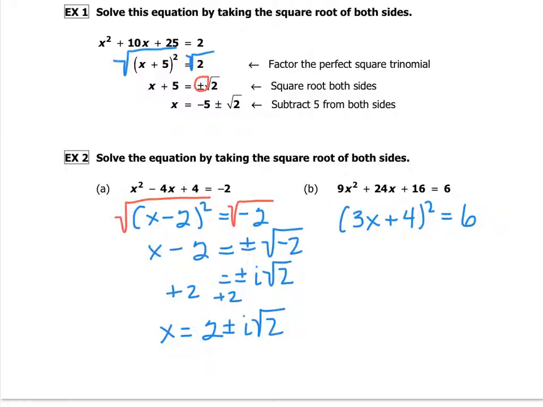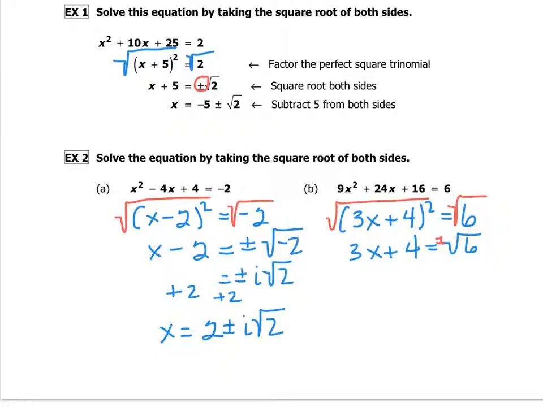In other words, 3x plus 4 times 3x plus 4. What I'm going to do is take the square root of both sides. And I get just 3x plus 4, and this equals the square root of 6. Well, wait a minute. Not just the square root of 6.